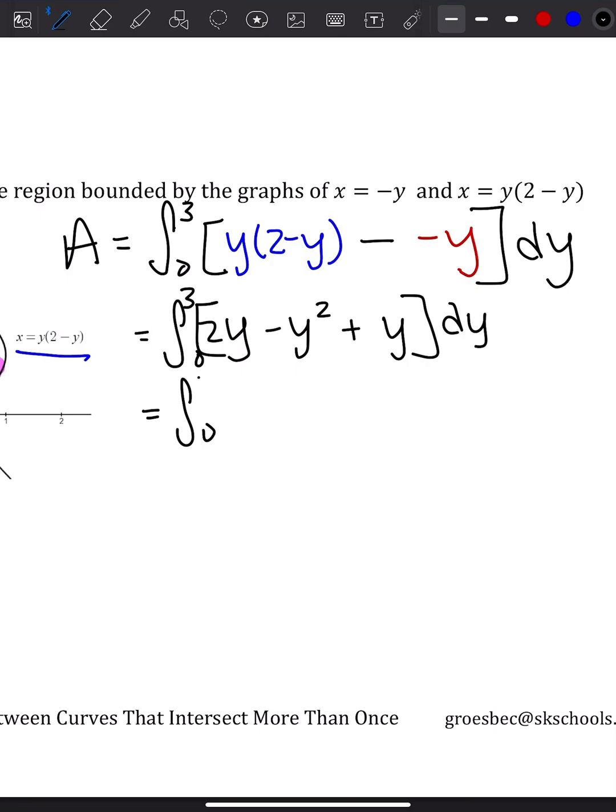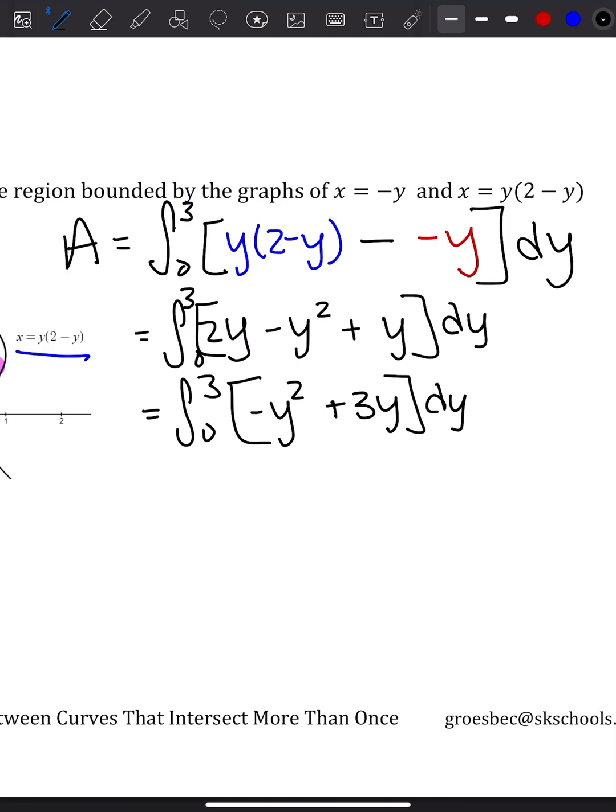To then get the integral from 0 to 3 of negative y squared plus 3y dy. From there, we could take the antiderivative and do all of those things, but I was also focusing on being able to use technology, so being able to use calculators to find out.